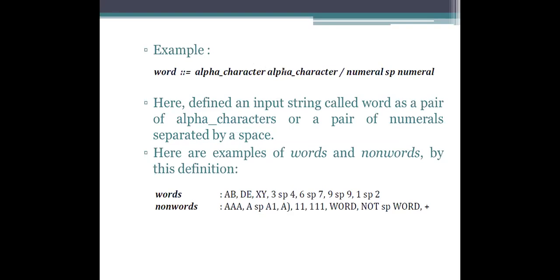So why are we using this space here? If we are not providing any space for processing, what could be the grammar for that? It is alpha underscore character.